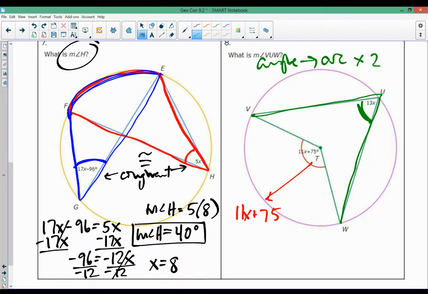So the way I can set this up is 13x times 2 equals 11x plus 75. So I take my inscribed angle and double that. Now I have 26x equals 11x plus 75.